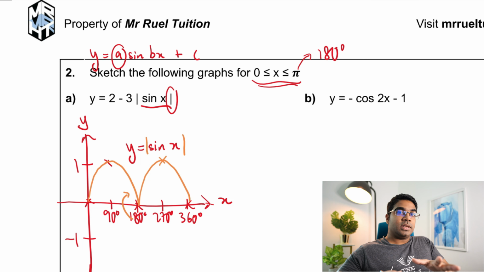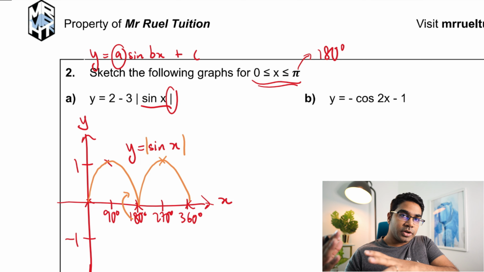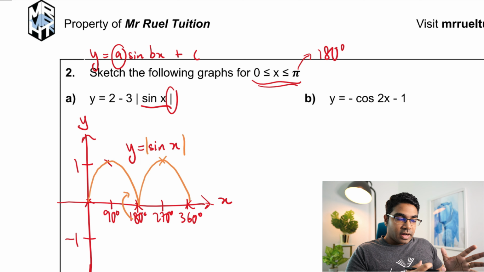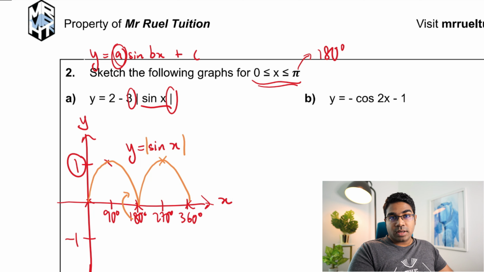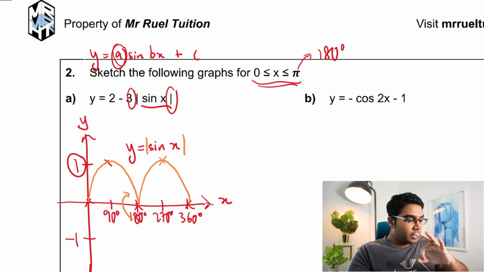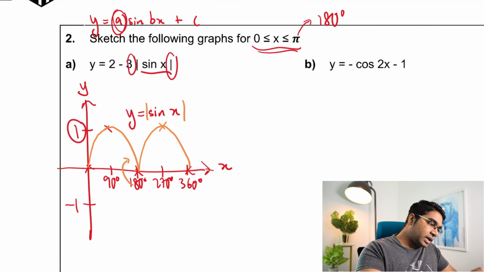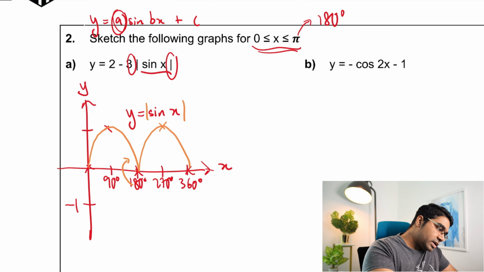A represents the multiple to the amplitude. The original amplitude of the graph y equals sine x is 1. So if you have an a value of 3, as in this case, that would mean that the amplitude is increased 3 times. So the new amplitude will be 3 and negative 3.